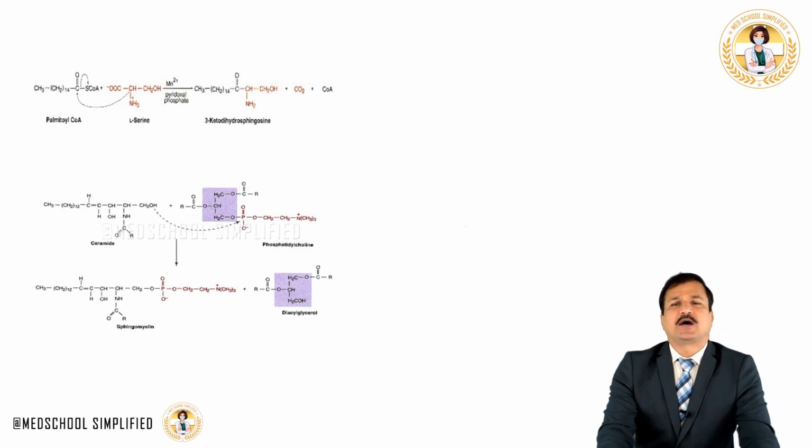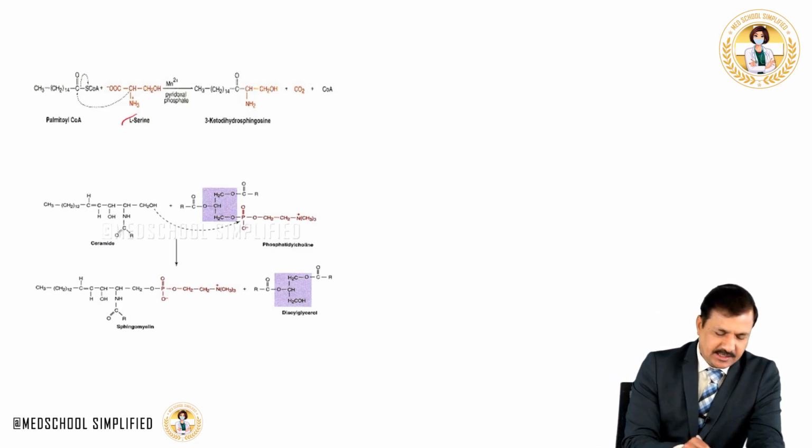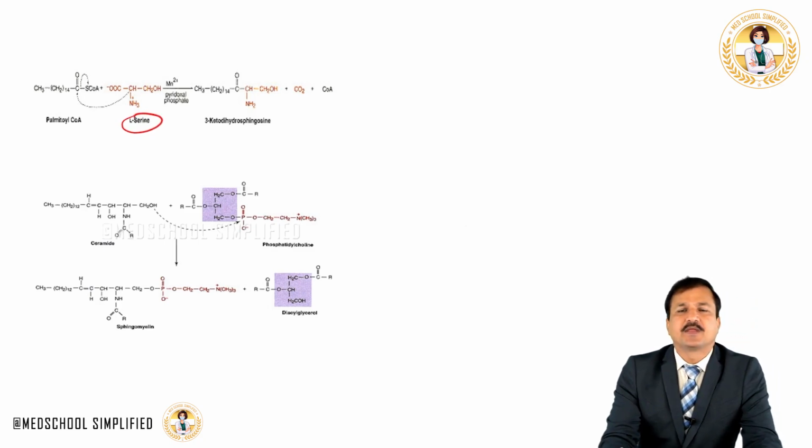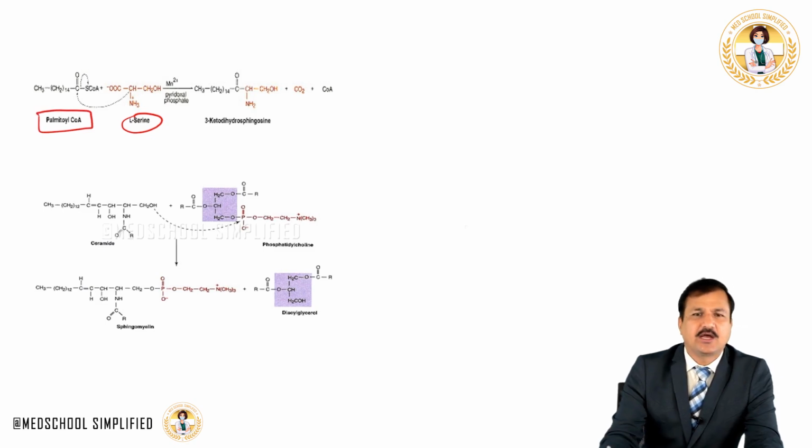Sphingosine is formed by a condensation of a hydroxyl containing amino acid, that is serine, and the most common fatty acid synthesized in human cells, palmitic acid, which is a 16 carbon fatty acid, in its activated form called palmityl-CoA.